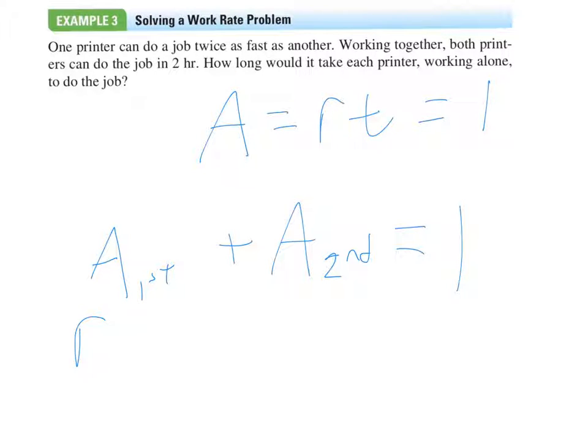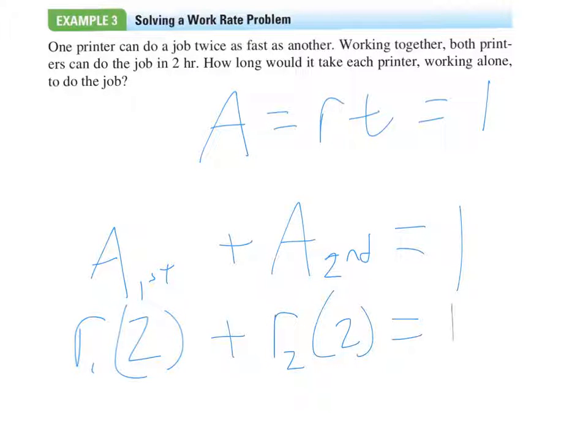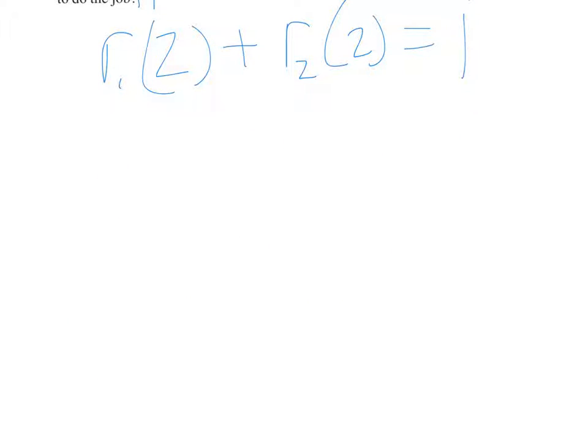Alright, so the amount done by the first printer is equal to its rate times the time, which is 2 hours, plus the amount of the second printer is equal to the rate of the second printer times the time, which is 2 hours. That's equal to 1. Alright, remember, the rate is equal to 1 over the time.